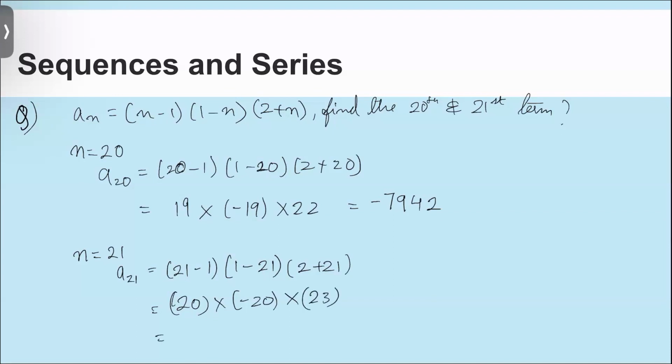So this turns out to be minus 9,200. So you can see it's a complex one. In this kind of sequence, the relation might not be exactly equal to just a common difference between two terms.